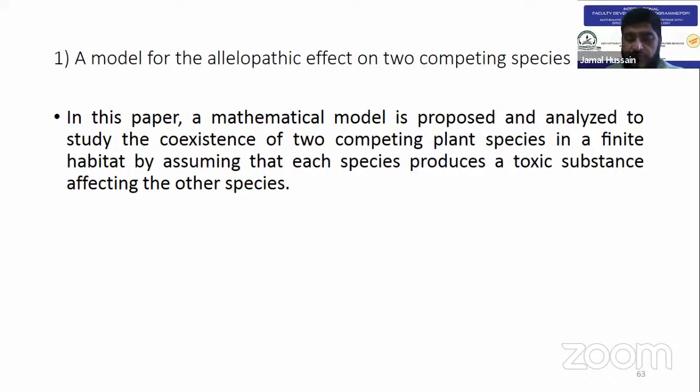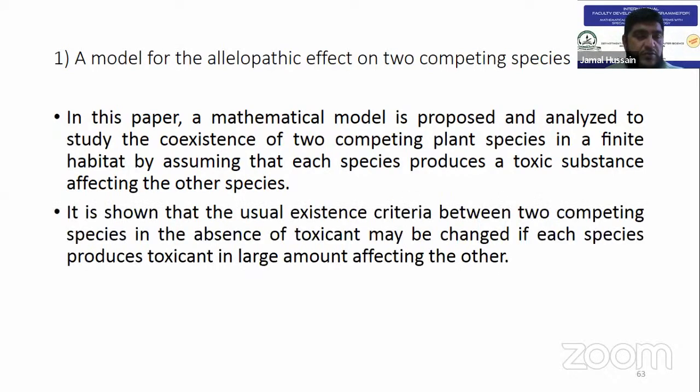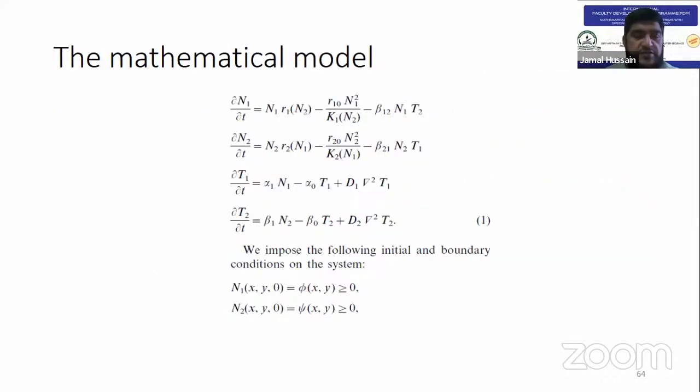It is shown that the usual existence criteria between two competing species in the absence of toxicant may be changed if each species produces the toxicant in a large amount affecting the other. So here is the mathematical model.